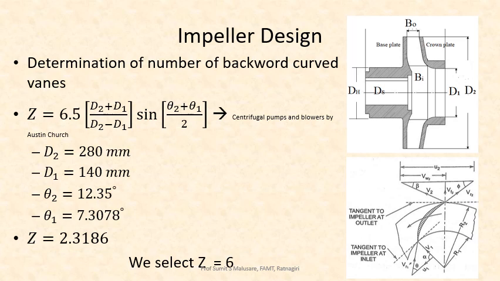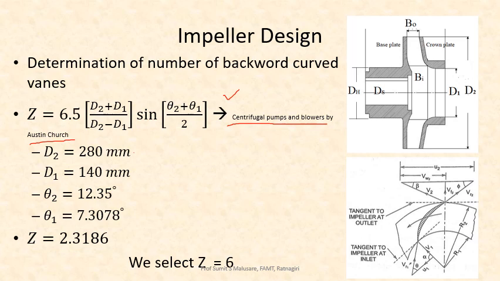Okay. Now determination of the number of backward curved vanes. How many backward curved vanes are required? Now this formula I have taken from a standard book, Centrifugal Pumps and Blowers by Austin Church. So this formula: Z is equal to 6.5 into the bracket (d2 plus d1) upon (d2 minus d1) into sine of (theta 2 minus theta 1) upon 2.